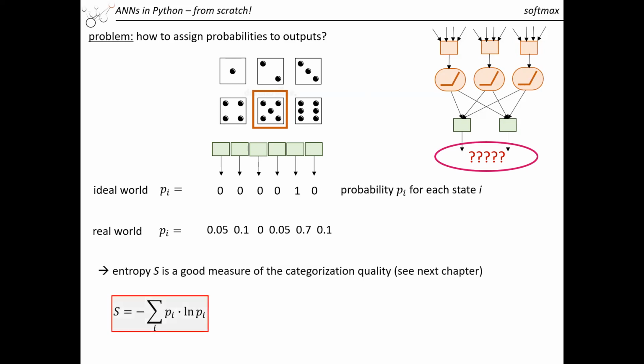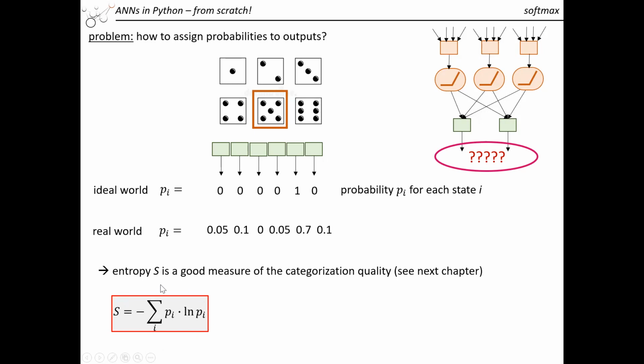And one way to measure this quality is entropy. So I want to explain more about entropy in the next chapter, but just keep in mind that entropy is a measure of the categorization quality. There's an equation for entropy. I will not explain how to derive it. However, I will certainly upload a tutorial about entropy where I will explain this in more detail.